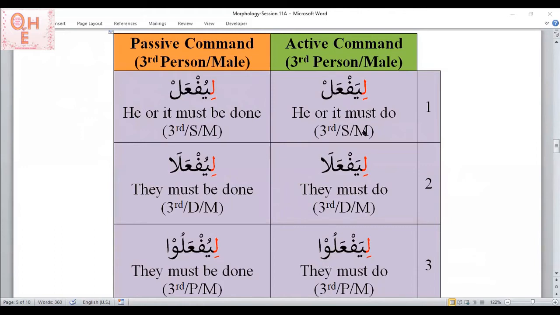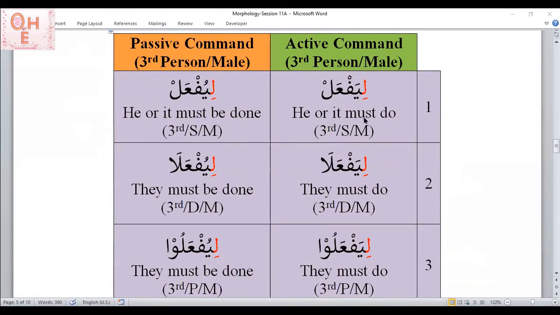So these are the active command verbs. And you can see the noon dropped. It was ani, so now only alif. And it was una, the noon dropped. For the passive, it's very obvious. Let me go over the meaning very quickly. So liyaf'al, the meaning is he or it must or should do.